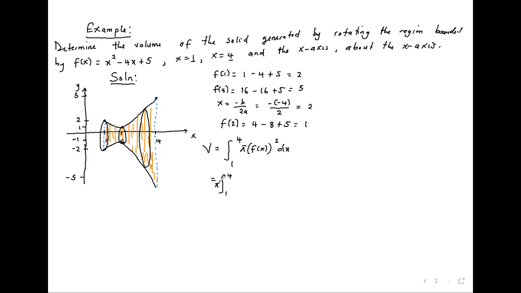F of x is x squared minus 4x plus 5, to be squared, and then dx. So we can simply do this squaring here. This is pi integral from 1 to 4, and then this is going to be x to the power 4. I'll do the square, so I'm multiplying x squared minus 4x plus 5 by itself.